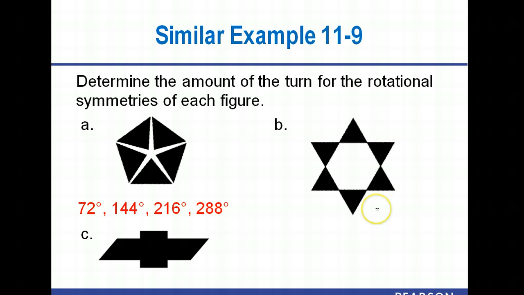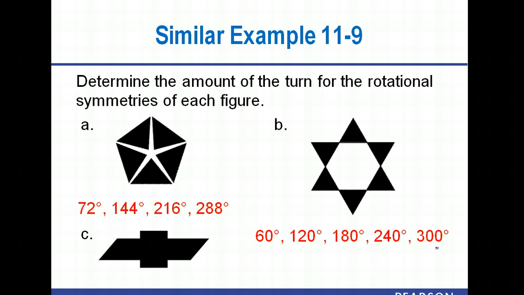We would have a 6-sided figure. So we just rotated it a sixth of the full rotation, and a sixth of 360 degrees is 60 degrees. So we have 60-degree turn symmetry, but also again, because of the regularity of this shape here, we could turn it 120 or 180 or 240 or 300, and those would all be turn symmetries also.